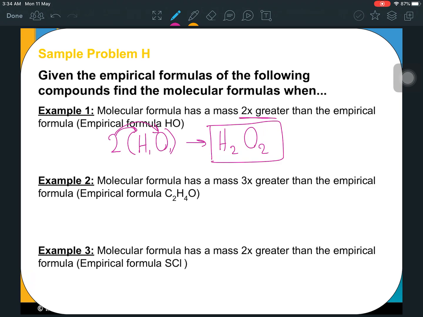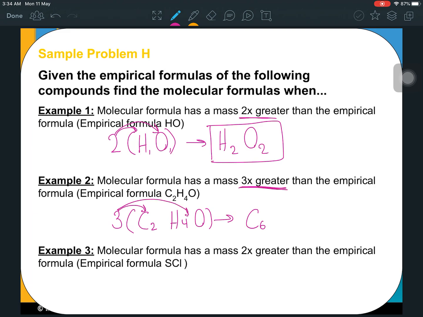Let's say C2H4O. This one, our molecular formula is 3 times greater than the molar mass of the empirical formula. So let's go ahead and do 3 times C2H4O. Multiply 3 by 2. It'll give you C6.